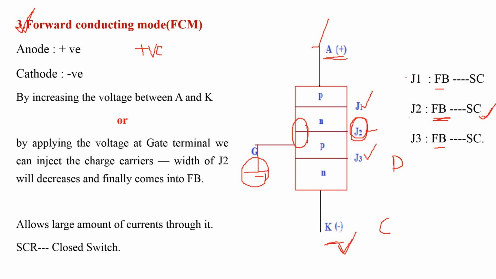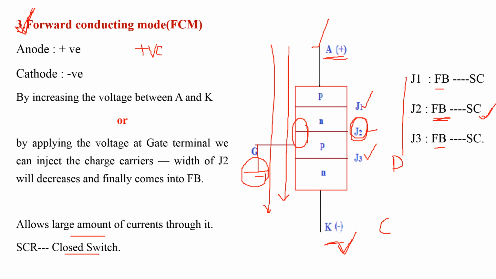Here all three junctions are in forward bias and act as short circuits, so there is a possibility of current flowing from anode to cathode. Means in this case SCR acts as a closed switch and allows a large amount of current from anode to cathode. That is the behavior of SCR in the third operating mode, forward conducting mode.